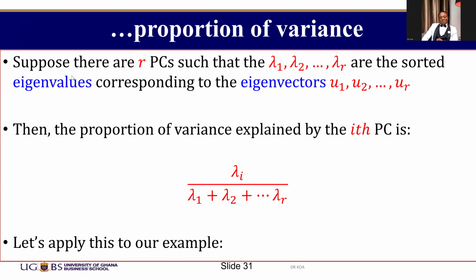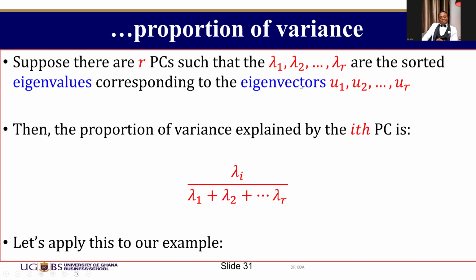Now, let's assume that we have as many principal components as R, such that lambda 1, lambda 2, lambda 3, all the way up to R, are the sorted eigenvalues. And each of these eigenvalues has its corresponding eigenvector, which are the U's.